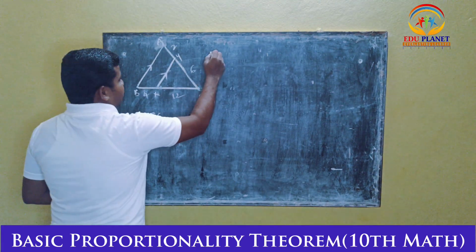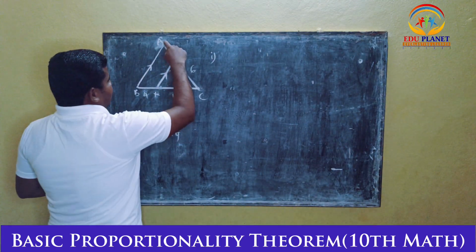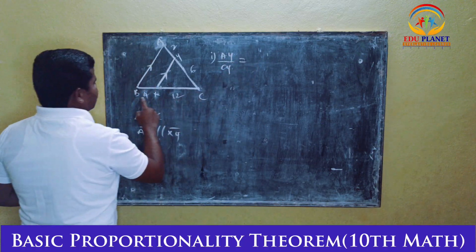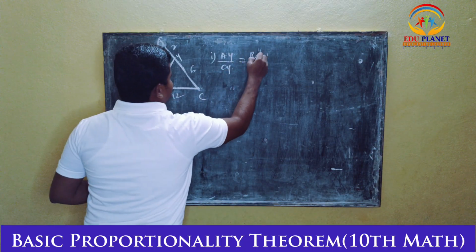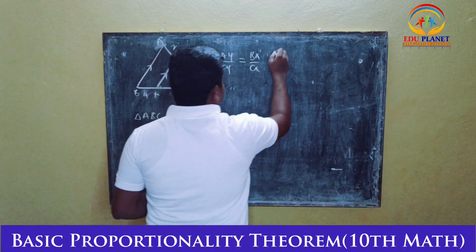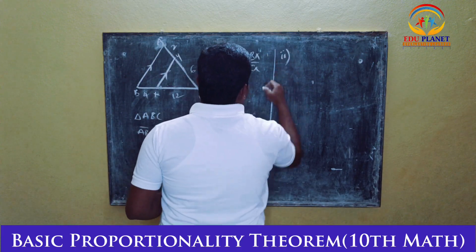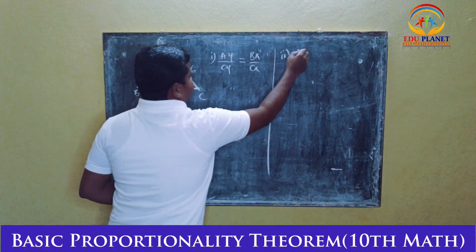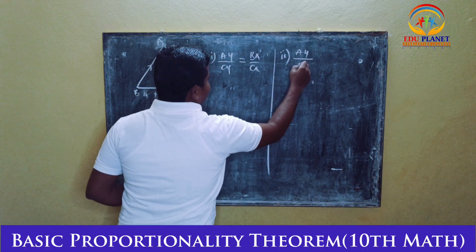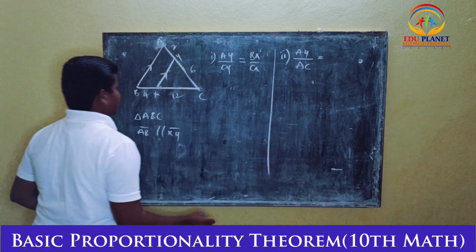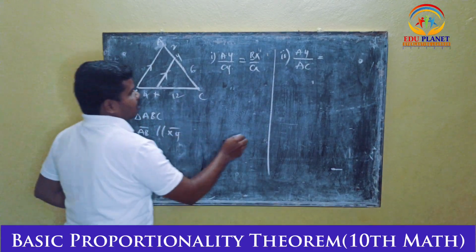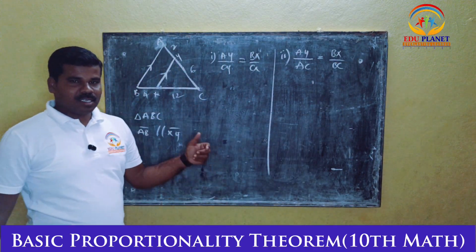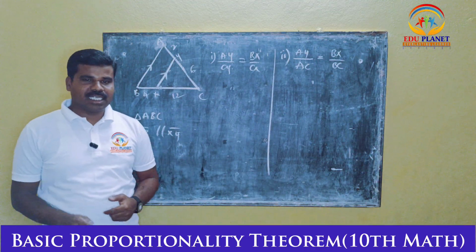It means in the first case, I can write that AY by CY equals BX by CX. This is the first statement. The second situation is AY by AC, the shorter side by the longer side, equals BX by BC. Just substitute the values, you will get equal ratios.